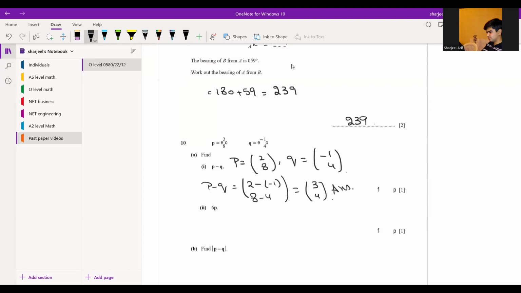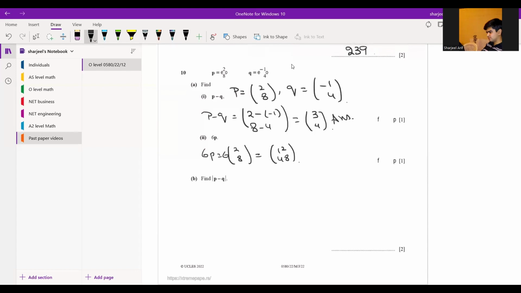To find the value of 6P, just multiply matrix P by 6. This will become 12 and 48. That would be our answer. Okay, this symbol represents that we have to find the magnitude of P minus Q, or you can say the absolute value.